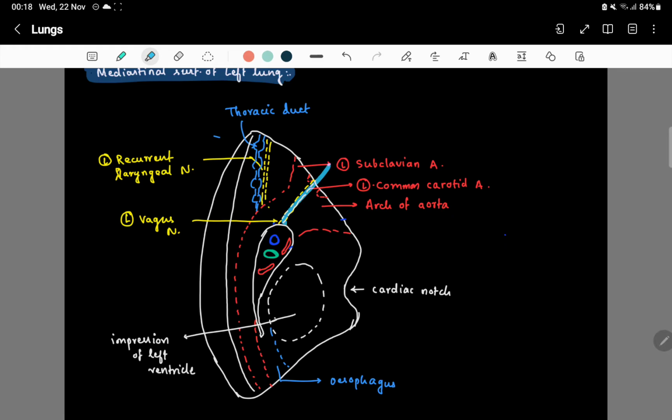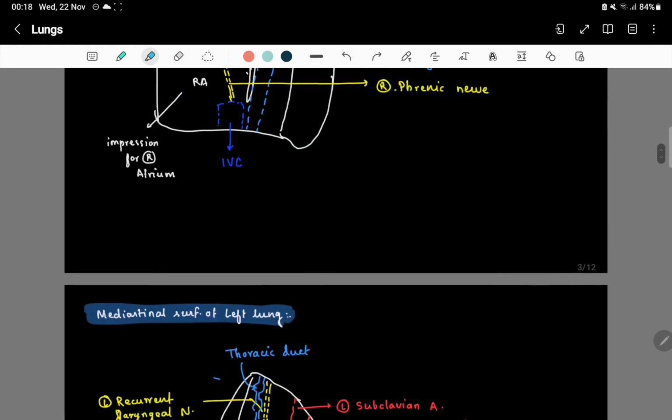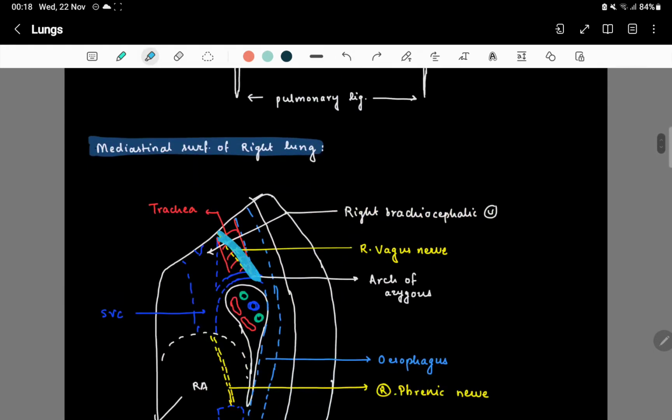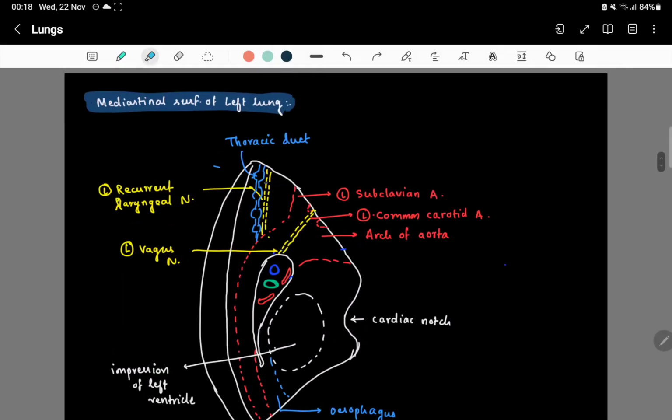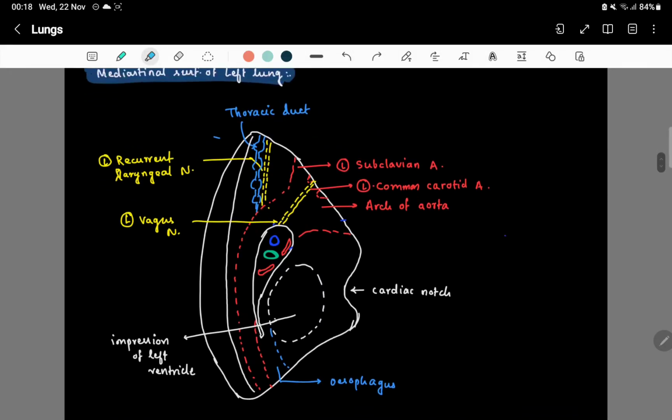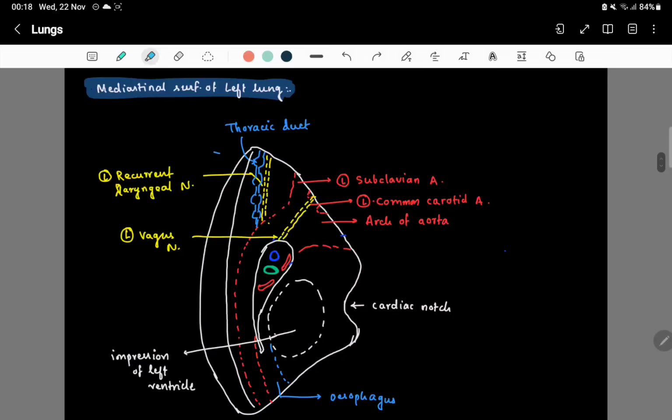The right vagus nerve, we were told, is present in line with the trachea. Then we have the left recurrent laryngeal nerve, which will be coming from the superior part, and the thoracic duct is present. This is all about the mediastinal surface of the left lung.